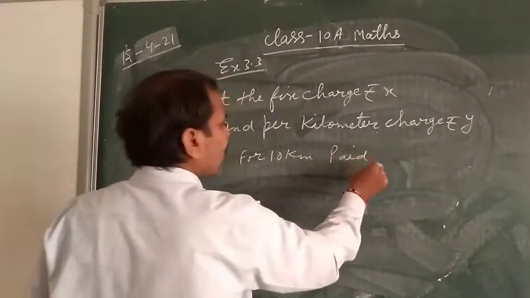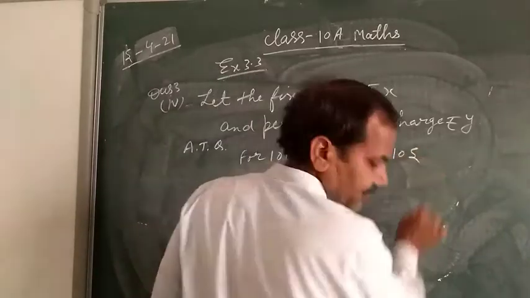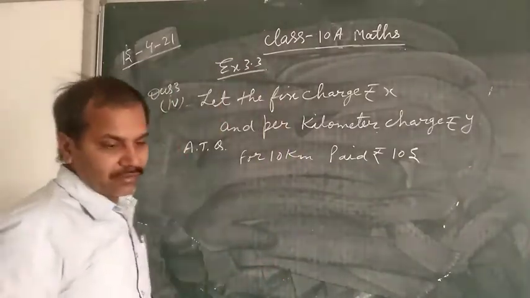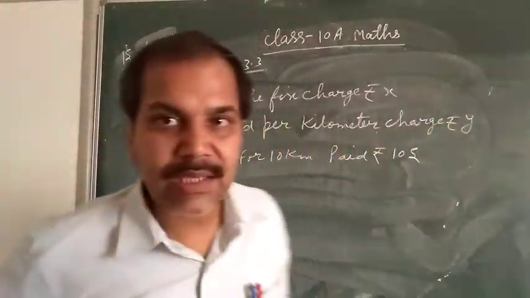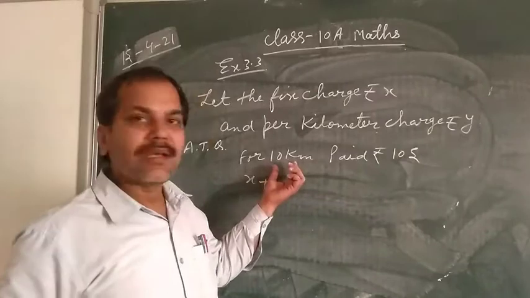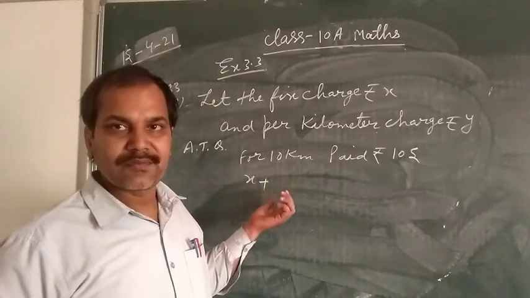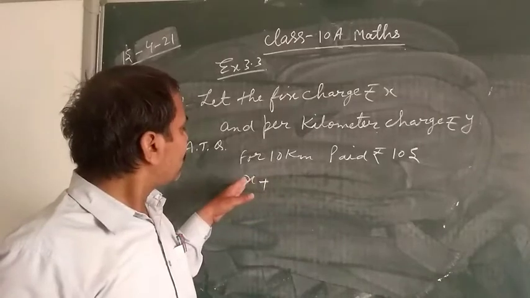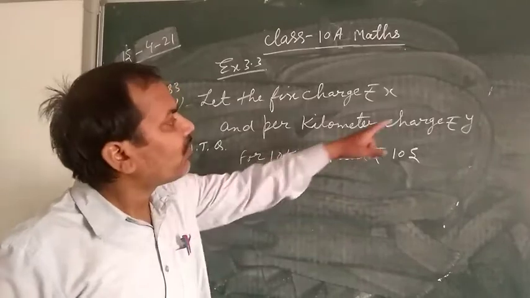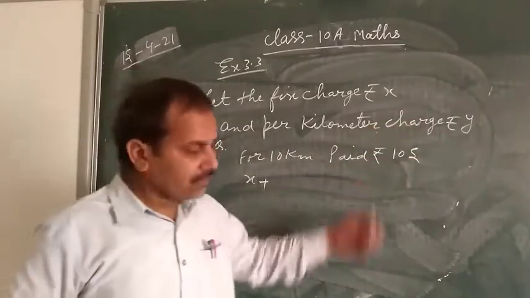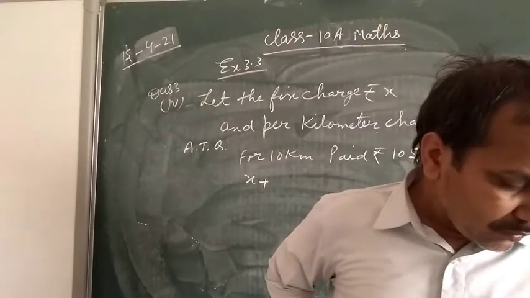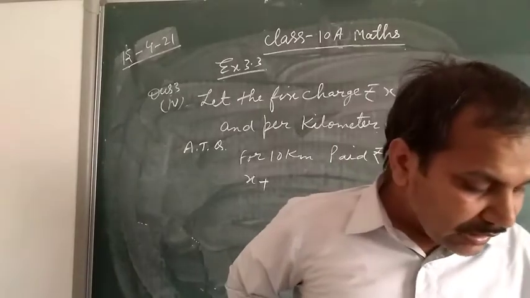So we are saying there is some fixed charge, however many kilometers you travel, and after that a per kilometer charge of rupees y, and the total is 105.